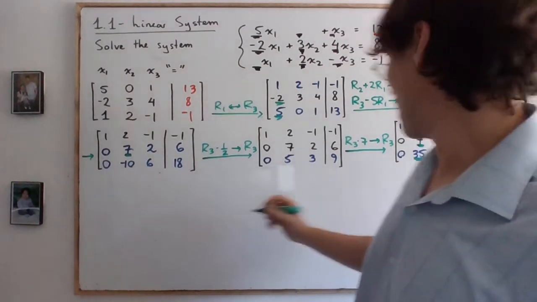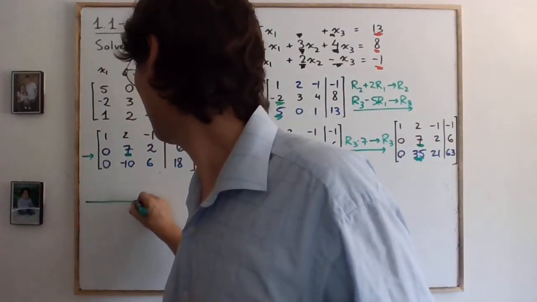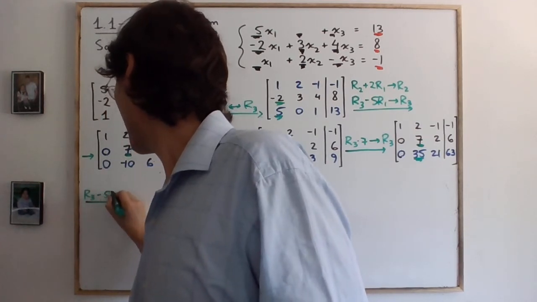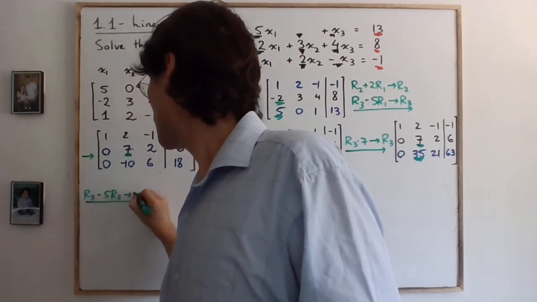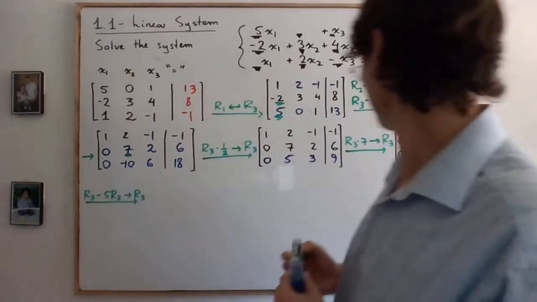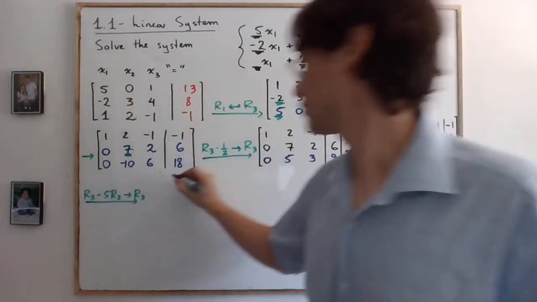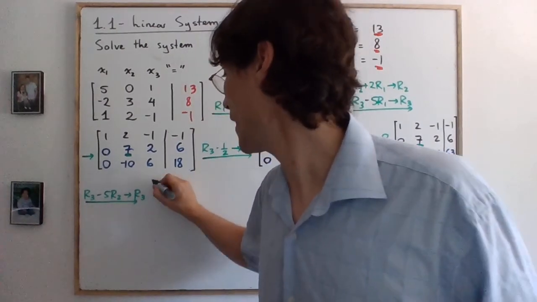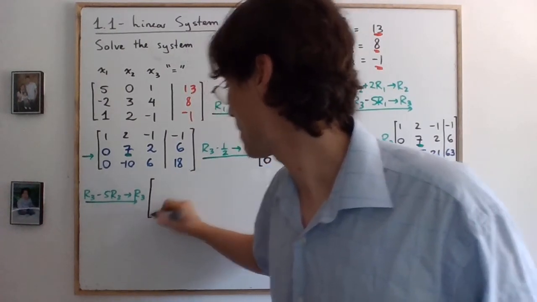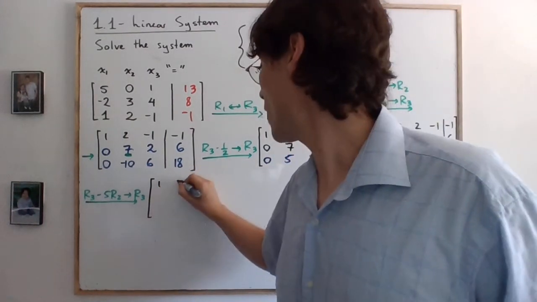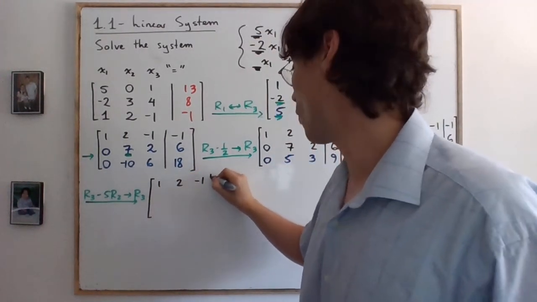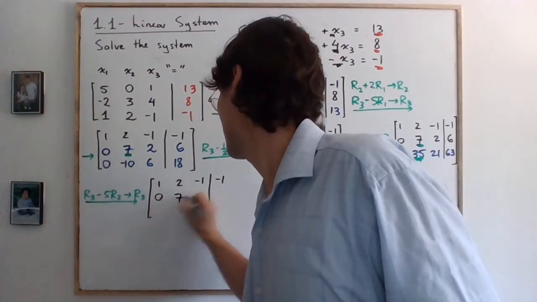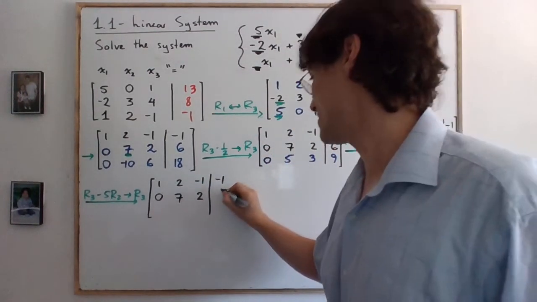I'm going to write the row operation over here: row 3 minus 5 times row 2 becomes the new row 3. So we have 1, 2, -1, -1, 0, 7, 2, and 6.